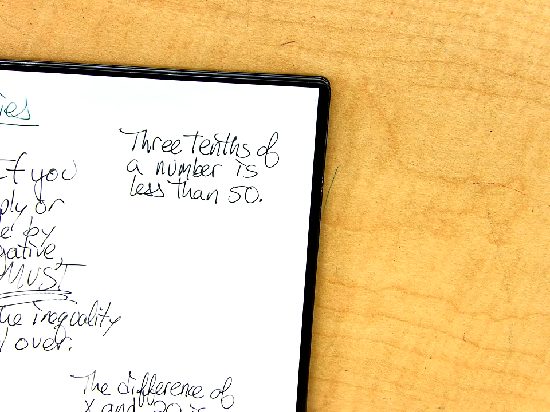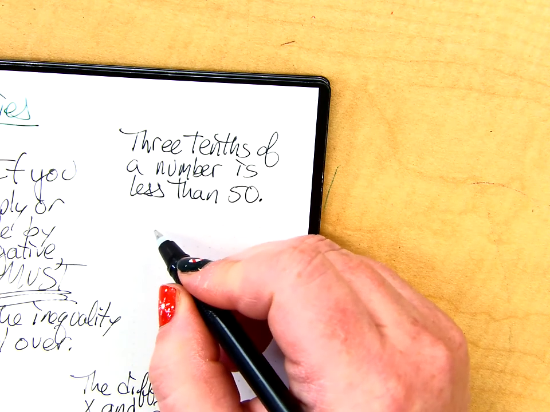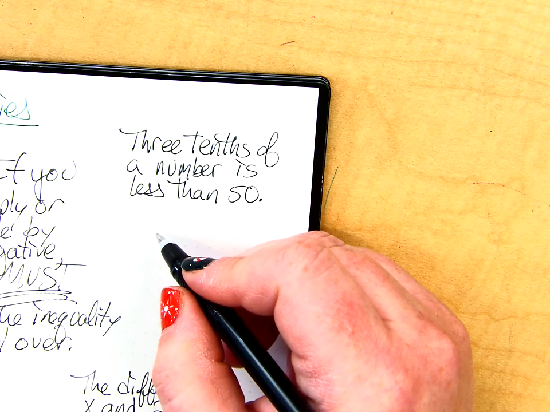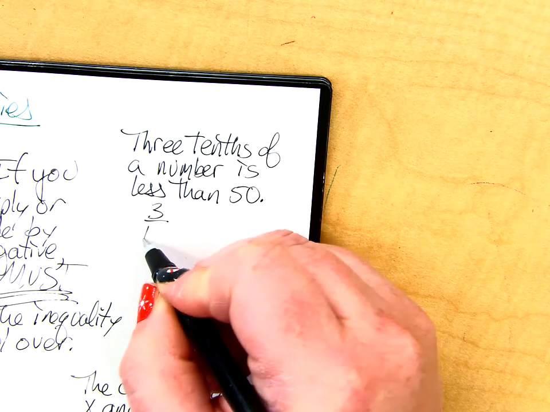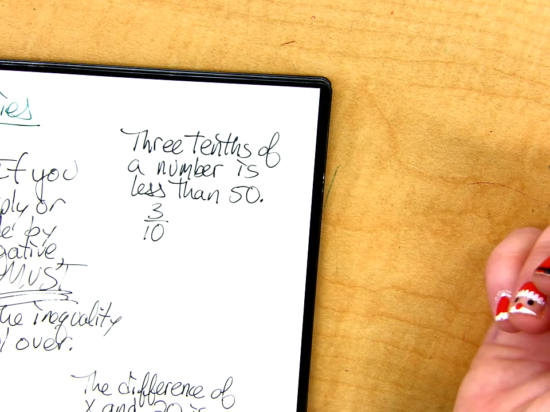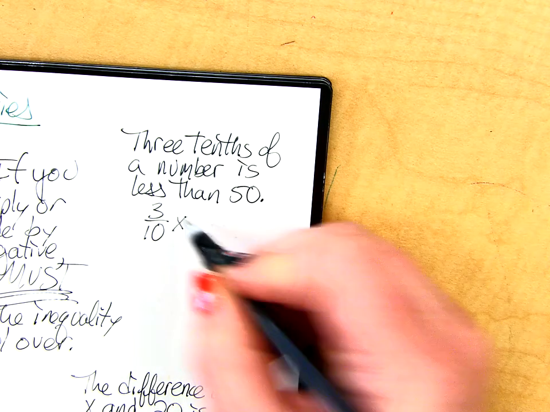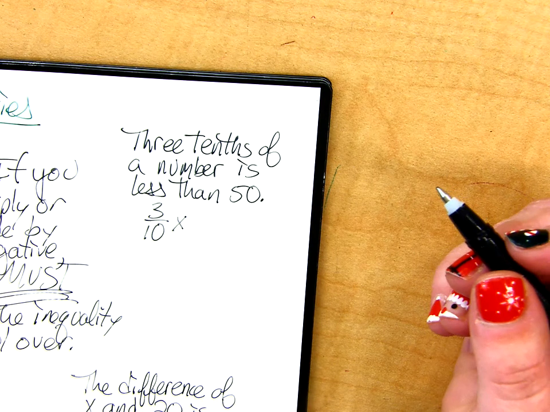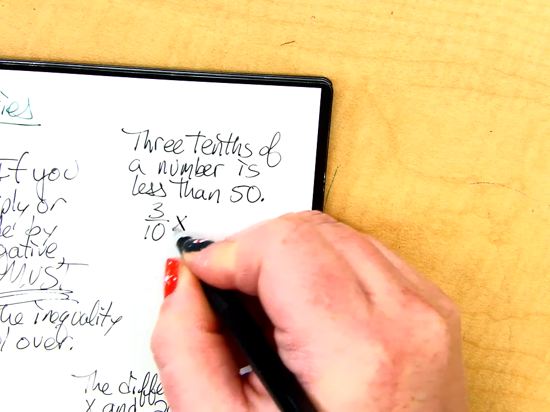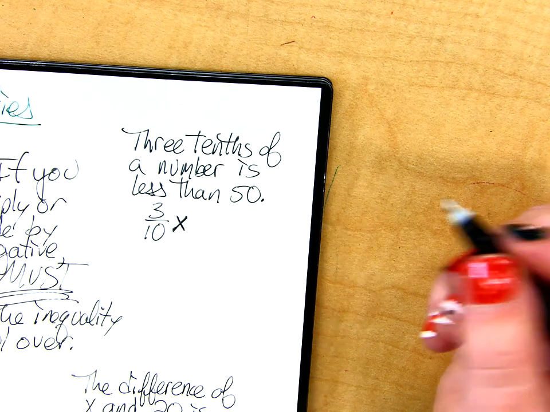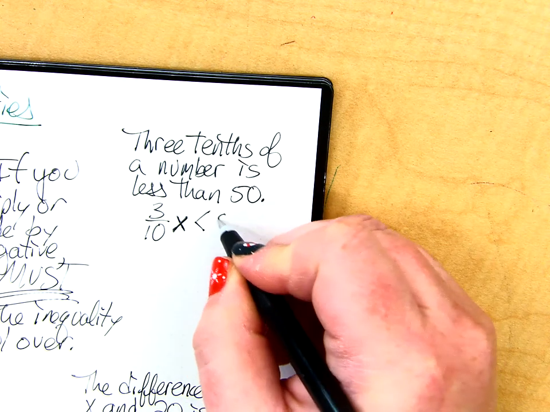Actually, I guess you could do this without doing a fraction, because you can write 3/10 as a decimal or as a fraction, right? Either one. Got it. So what'd you write? 3/10 as a fraction? Okay. So if you do a fraction, 3/10, and then of a number, what does that mean to do? It's just times. 3/10 of a number is just 3/10 times x. Is less than 50.